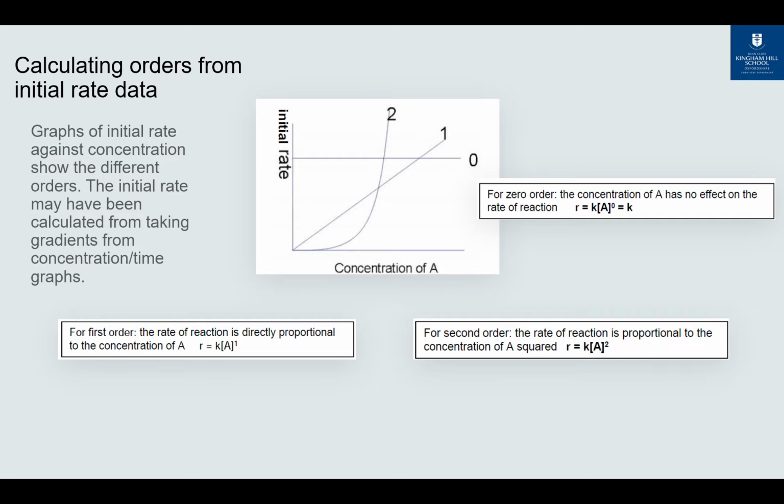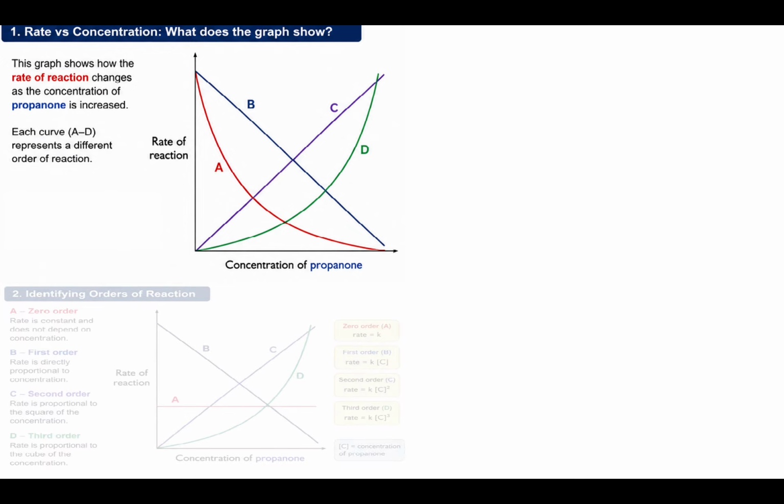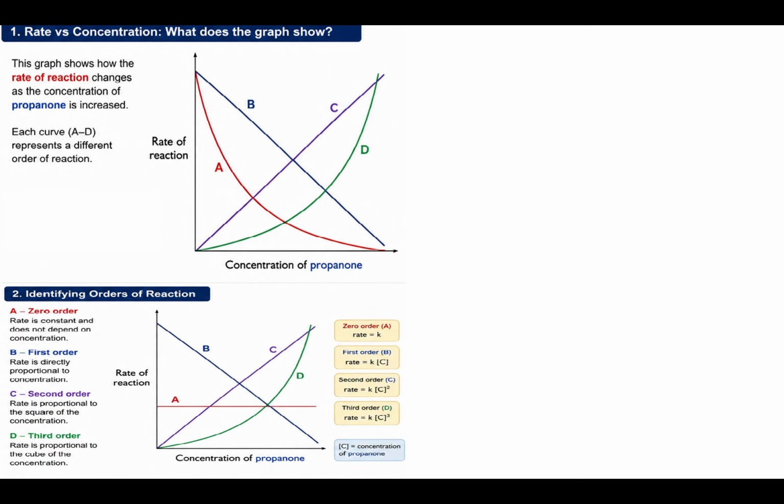If we go further, just trying to identify the graphs here, I have given you this graph. It contains A, B, C, and D, and let's identify which one is which in terms of order of reaction. The curve here shows the rate decreasing as the concentration increases.